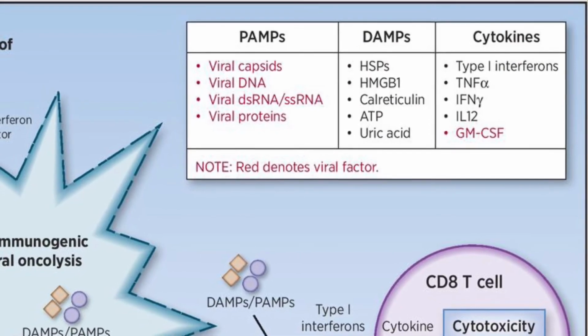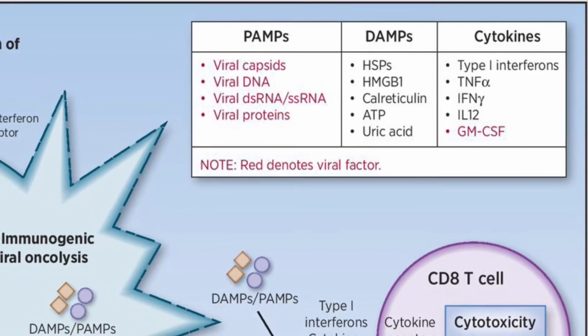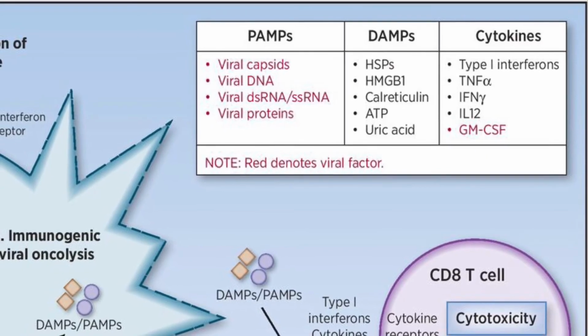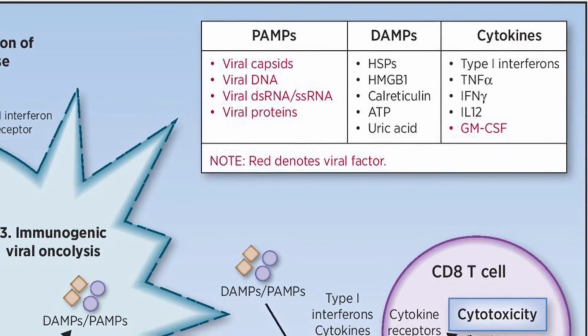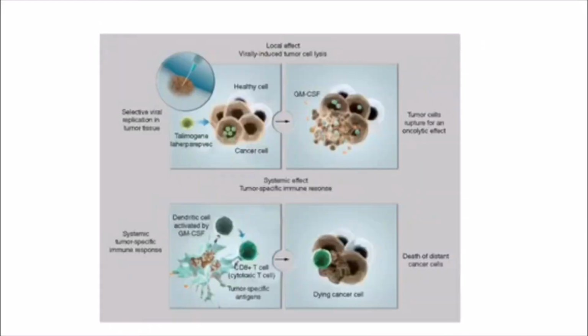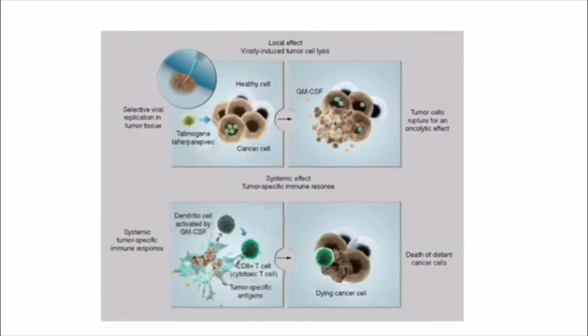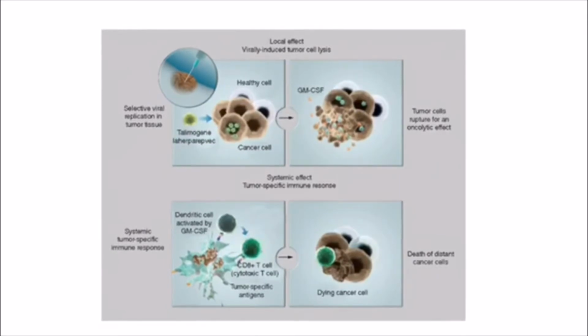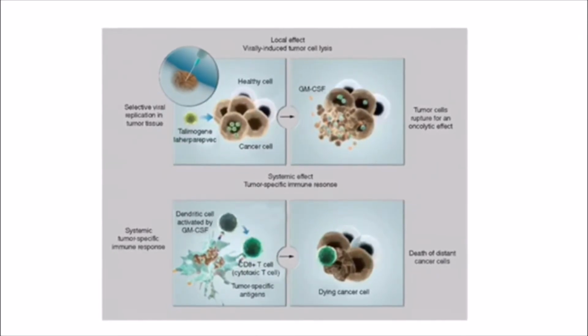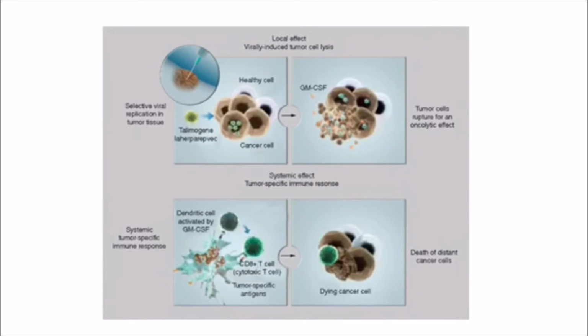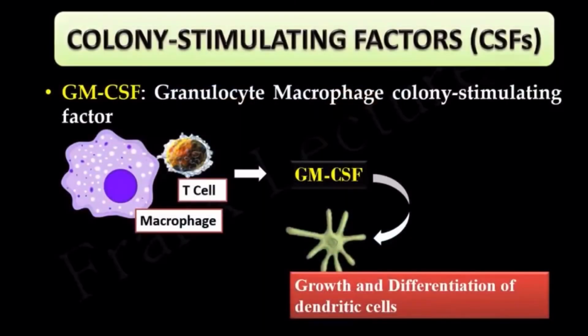Depicted in red are the factors that are directly produced by T-Vec, and in black are the factors produced as a result of the antiviral response. Inside a healthy cell, T-Vec is unable to replicate, leaving the cell unharmed. Inside a cancer cell, T-Vec replicates and secretes granulocyte macrophage colony stimulating factor, also known as GM-CSF.